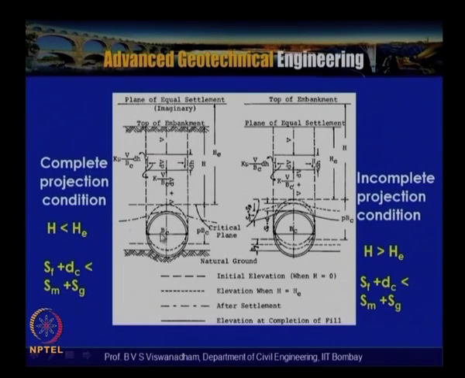This is a positive projecting conduit, where the height of the plane of equal settlement is above the height of the embankment, that is H less than He, and SF plus DC is less than SM plus SG. That means that here the surrounding soil settles more than the foundation soil right below the pipe and the deflection of the pipe. So SF plus DC is less than SM plus SG.